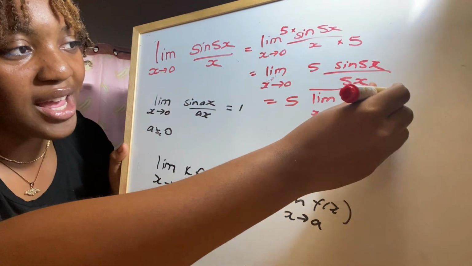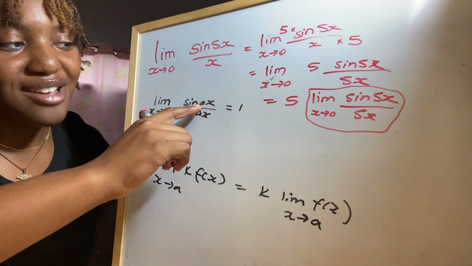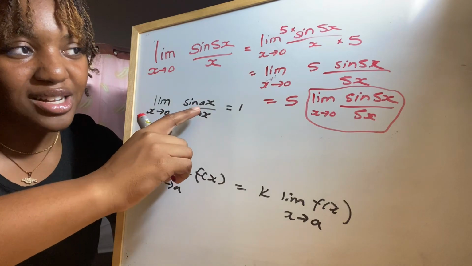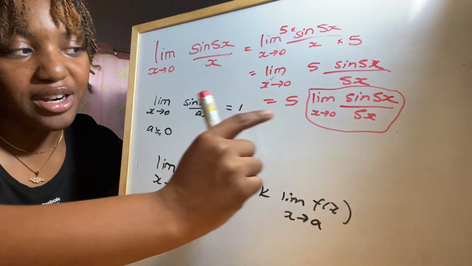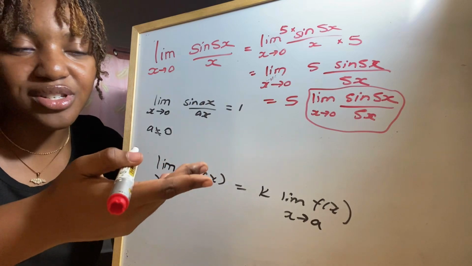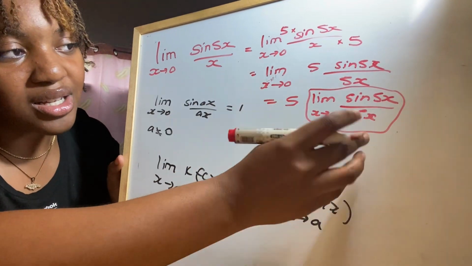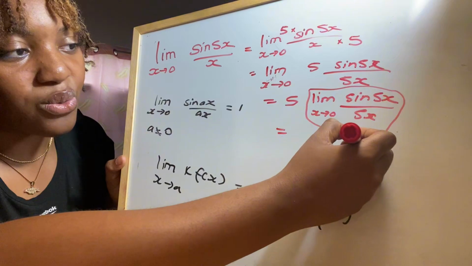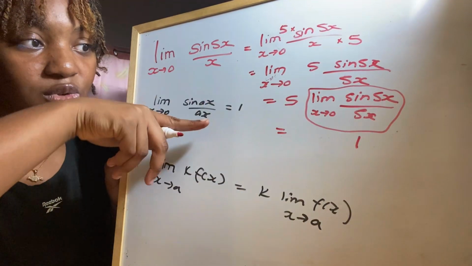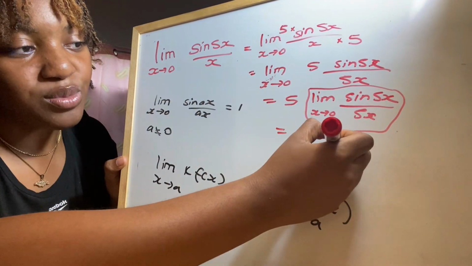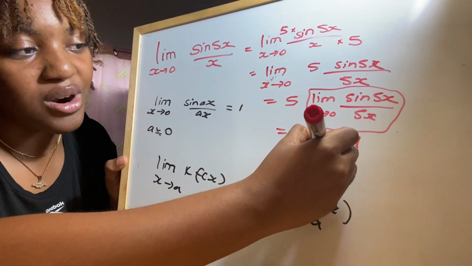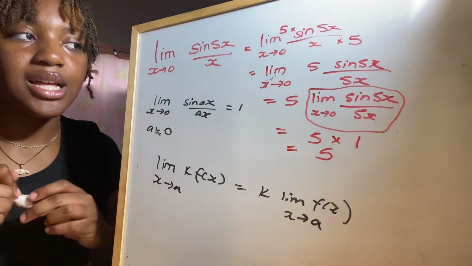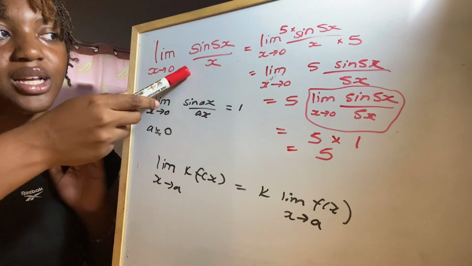There we can use this special case because the a in the numerator is the same: we have the 5 there and the 5 there. It looks the same, so we can just use the special case. This limit we know is equal to 1, and we just multiply by the 5, and therefore we get 5 as the limit of this function.